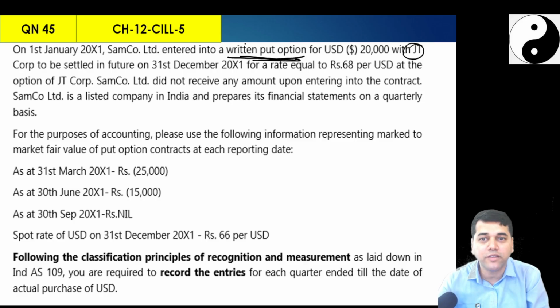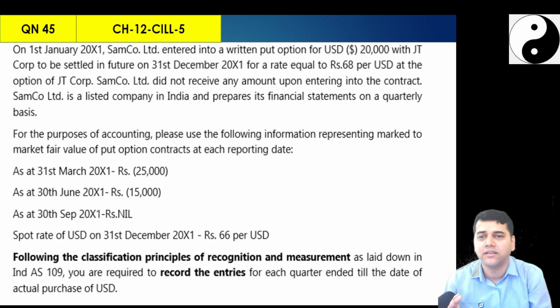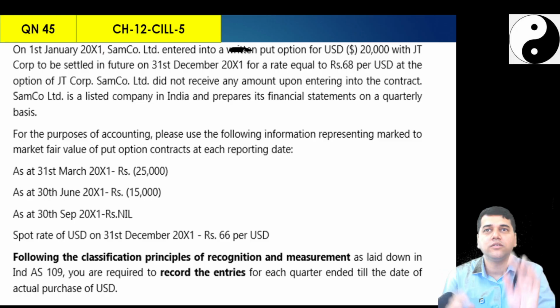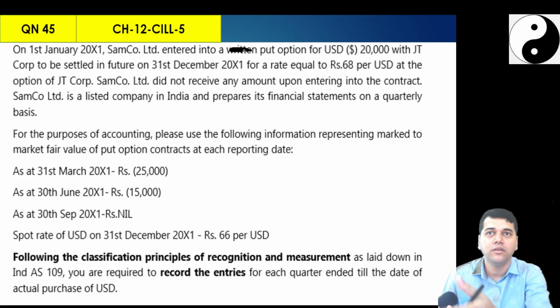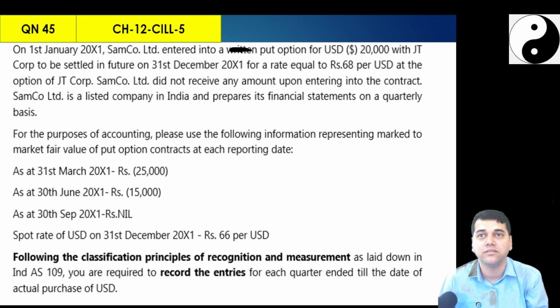Yes, JT, that's why it is called a return put option. You entered into a return put option. In the examination, they can simply do one thing: the word return is removed, and you entered into a put option. What entries do you pass? No, the opposite entries will come there in the examination. Same number.